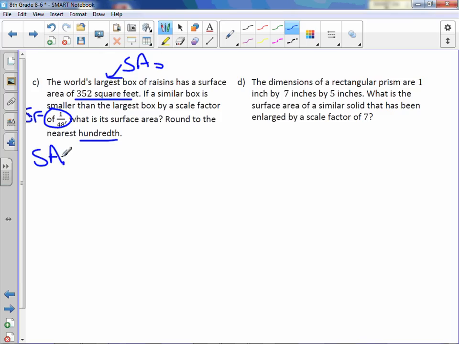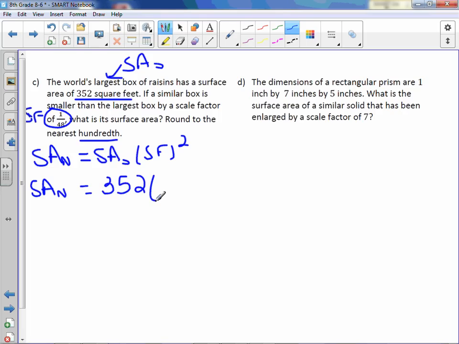So surface area of the new figure equals our old surface area times our scale factor squared. The surface area of the new figure equals 352 times 1/48 squared.